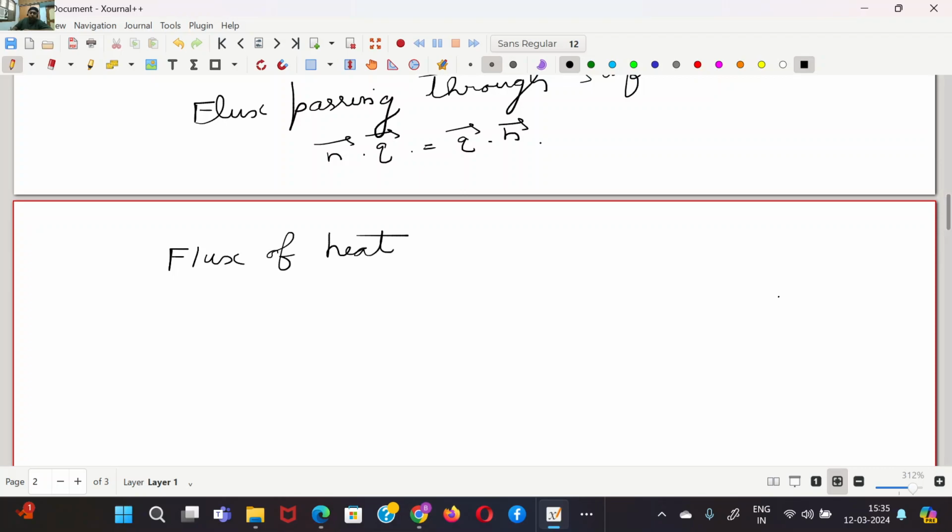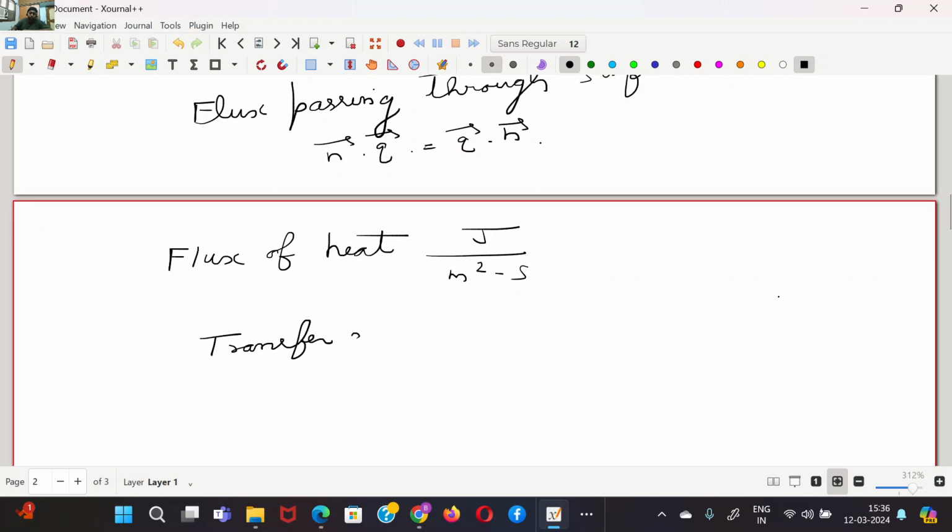What is the flux of heat? What's the unit? It's the amount of energy per unit surface area per unit time, right? So it's joule per meter square second, per unit area per unit time. And joule by second is nothing but the unit of power or watt, right? So basically, like any flux, this is how flux is defined.